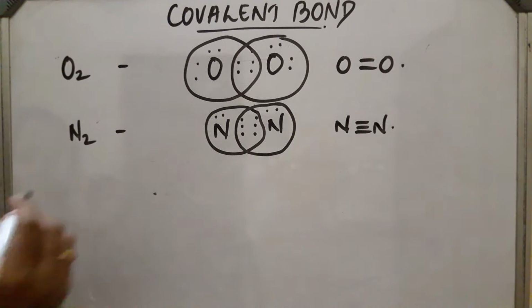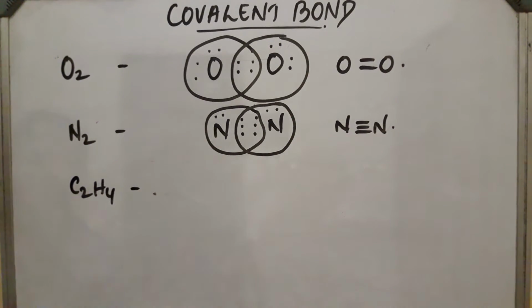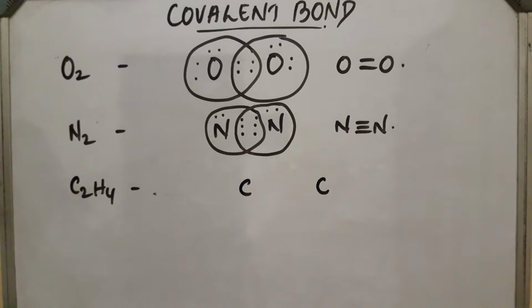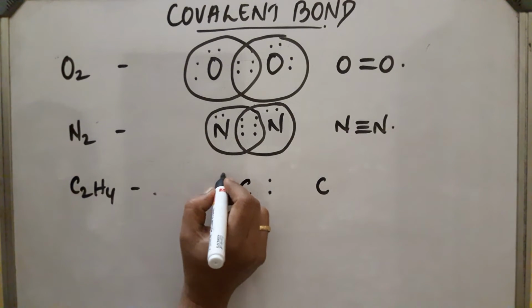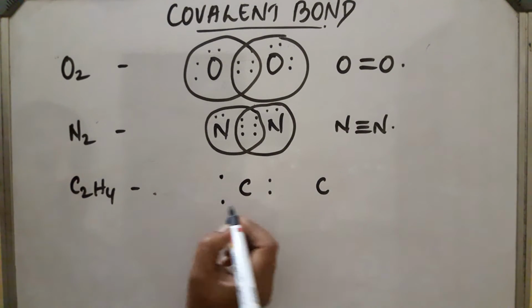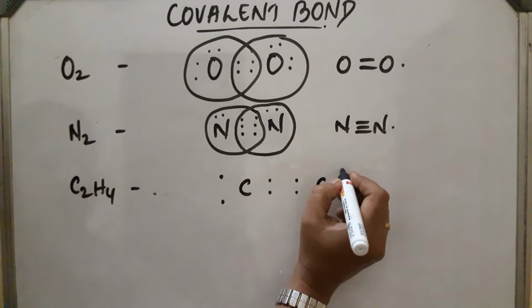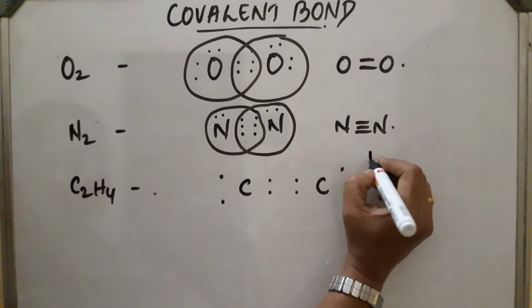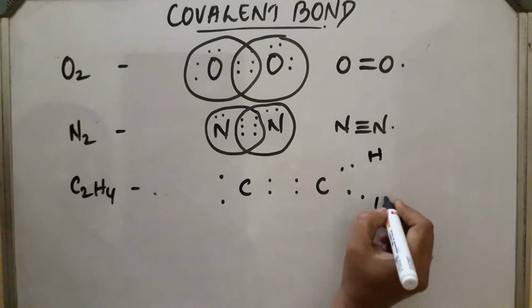Then let us take another example, C2H4. Two carbon atoms, with four valence electrons for each carbon atom. Then each hydrogen atom contains 1 electron.